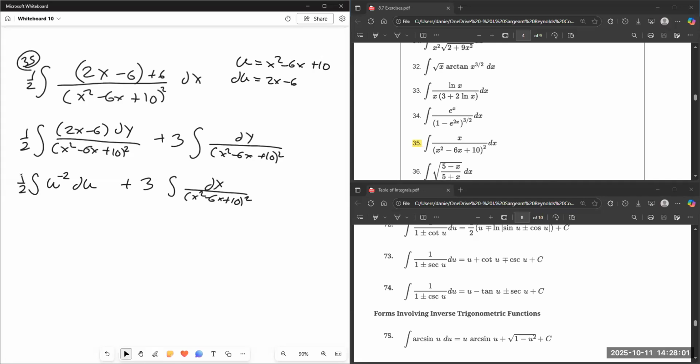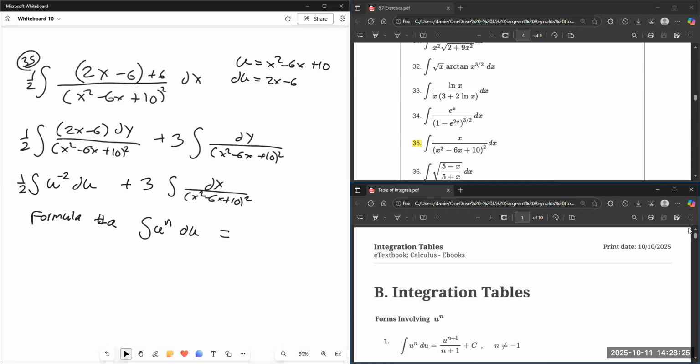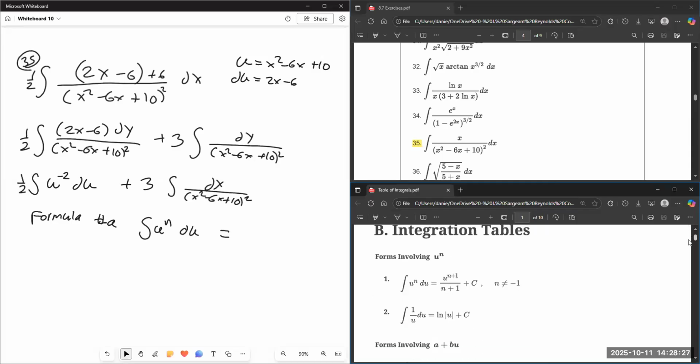So I know you know how to deal with that power rule there, but that is formula number 1. No surprise that it's formula number 1 that says u to the n du is going to be u to the n plus 1 over n plus 1 plus c.